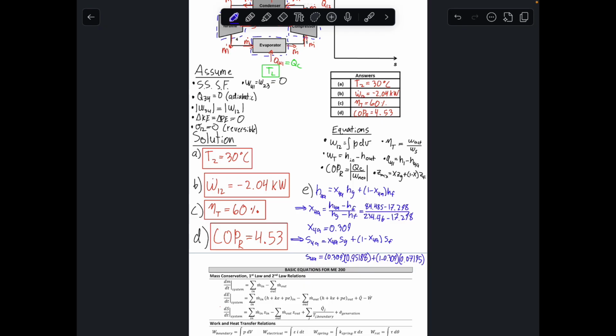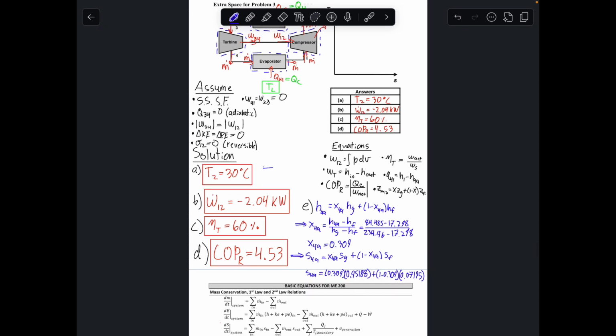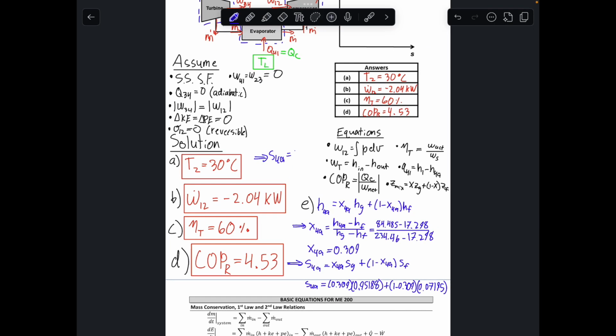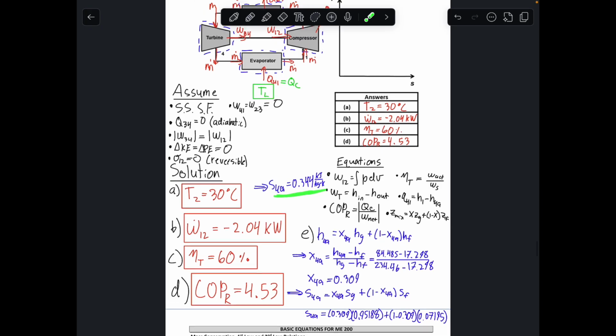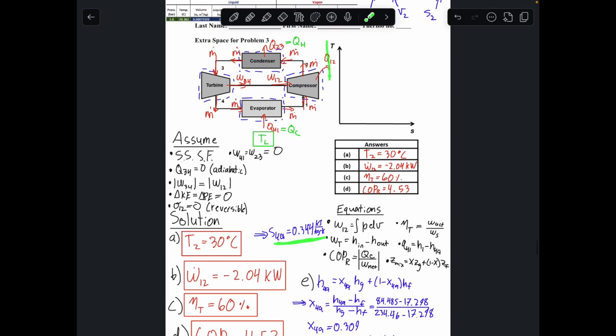And so if we solve for this, I'll just write the results right here. S for A should be equal to 0.344, I'll call it, just doing some rounding, kilojoules per kilogram Kelvin. So now we have this information, we can plot our TS diagram because we have all of the temperature values and all of the entropy values.